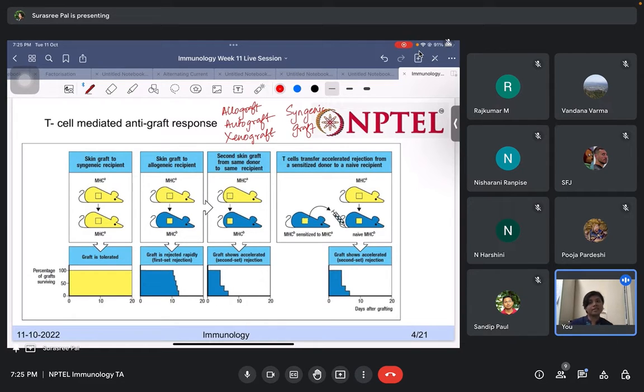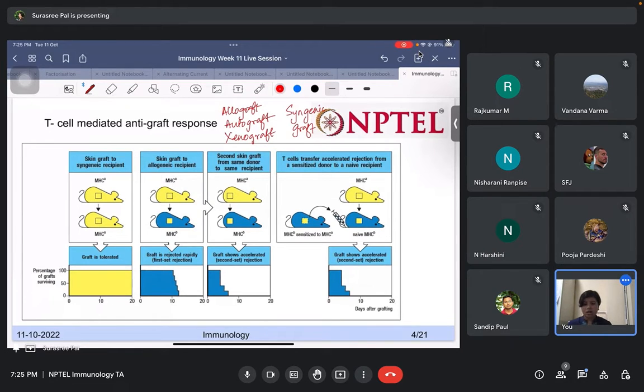The immune system knows that these are only my proteins and my self antigens, so it does not react.